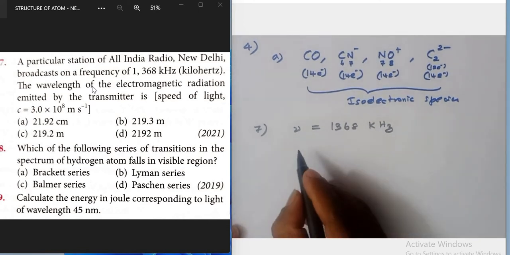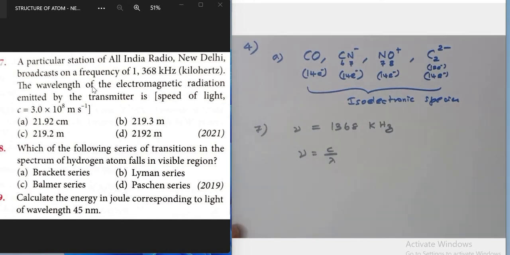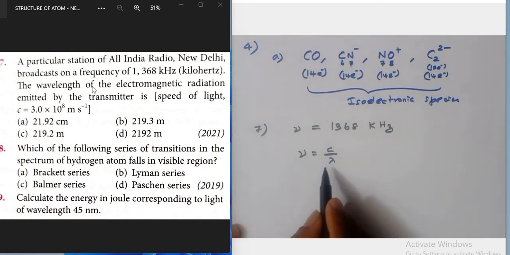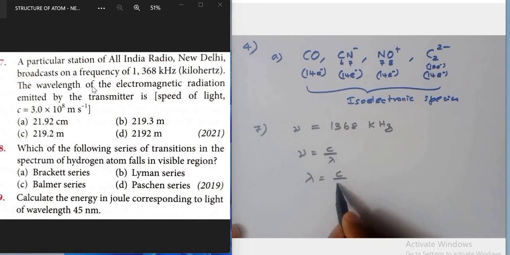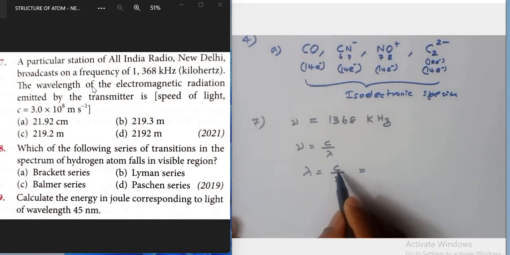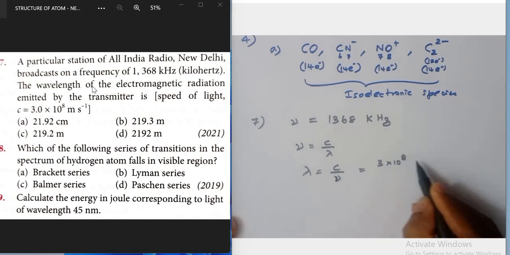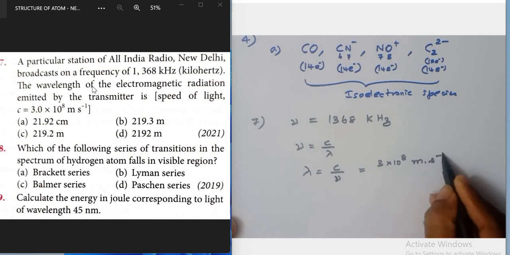You know very well, frequency nu is equal to c by lambda. It's a very simple relation. So if you want wavelength, lambda is equal to c by nu. This is the formula. The value of velocity of light in SI unit is 3 into 10 to the power 8 meter per second.